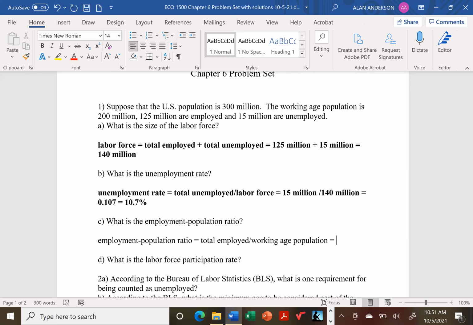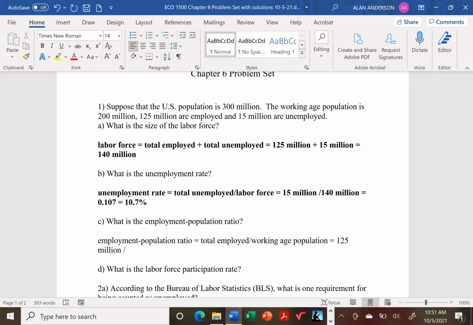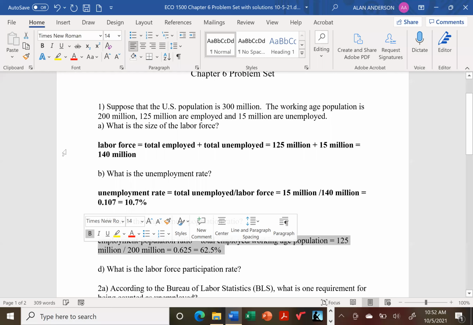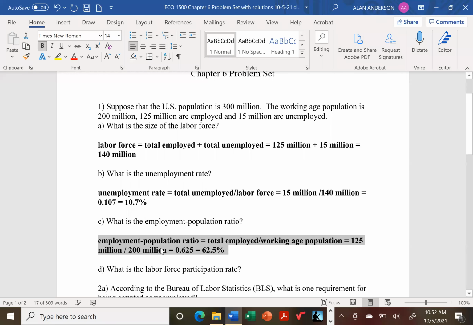So the total employed is, as we saw before, 125 million, and the working age population is 200 million, which equals 0.625 or 62.5%. So in other words, of all the people who in principle could be working, about 62.5% are working.